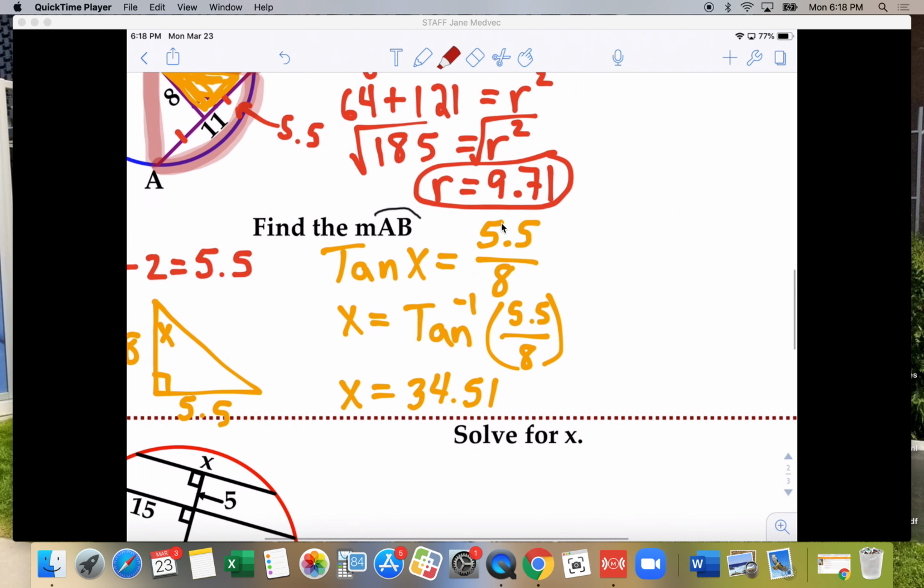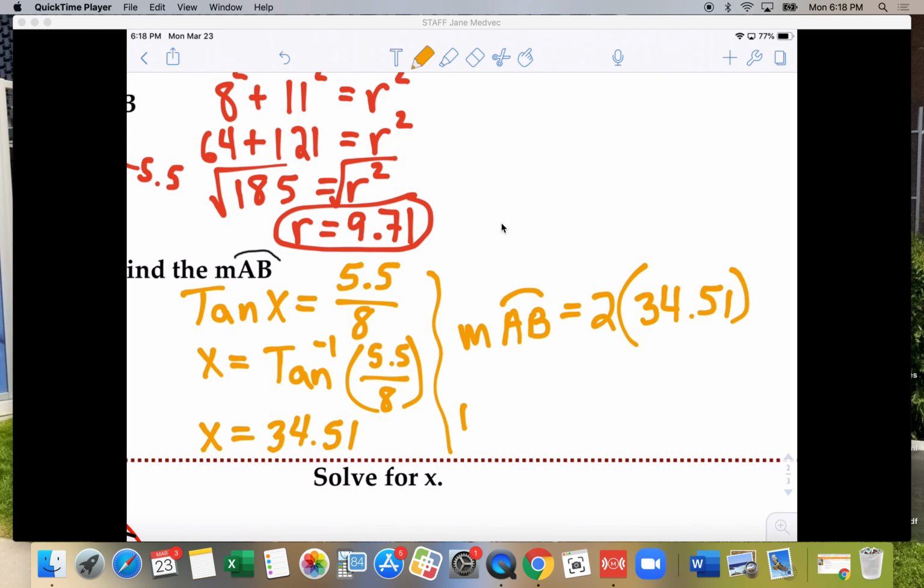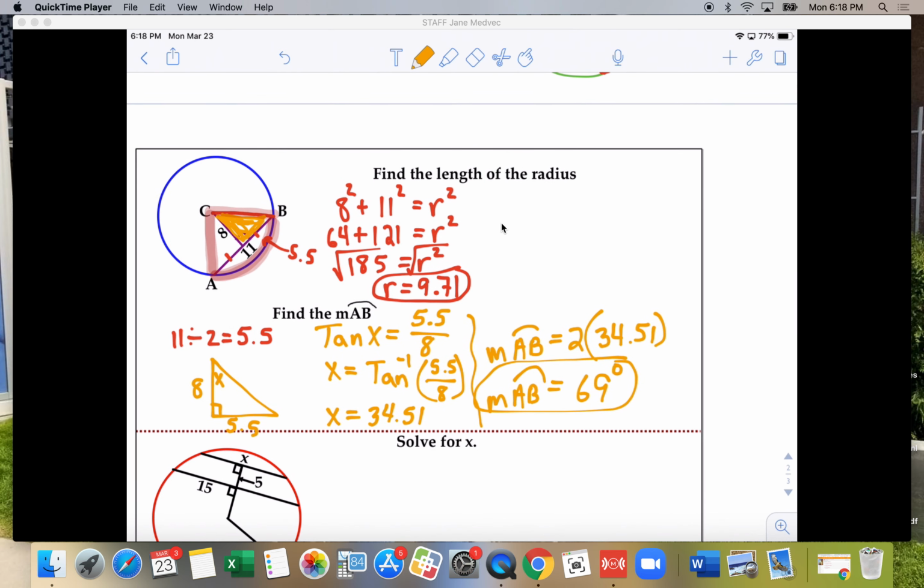So to find arc AB, I'm going to take that 34.51 and multiply it by 2. So the measure of arc AB then ends up being 69 degrees, if I round to the nearest degree.